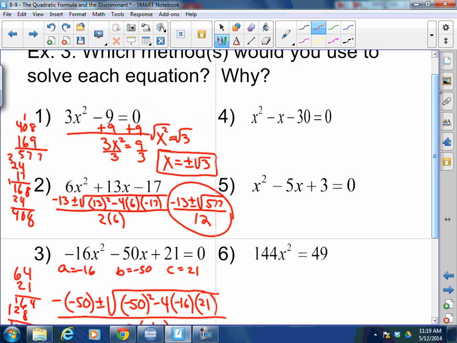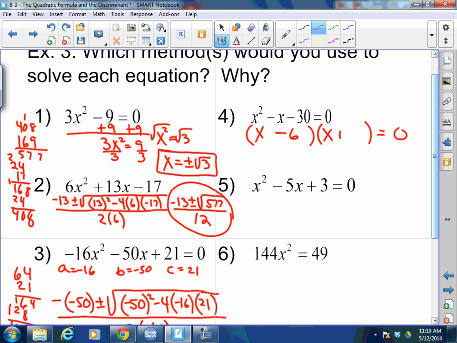How about number 4? Which method do you think we would use here? No, it's not quadratic formula always, guys. Factor, yes, always try to factor because factoring is so much easier than anything else. What multiplies to negative 30, but when added together is negative 1? Which sign?